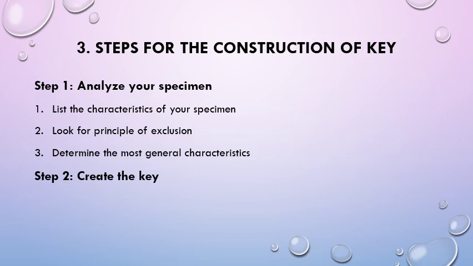It means that you will observe the specimen which you have for identification. First you will list all the characteristics which you can see visually in that organism. You can write all those characters on a page. Then look for the principle of exclusion. By making two contradictory statements at each step, you will exclude or eliminate one statement. Then determine the most general characteristics and then create the key.